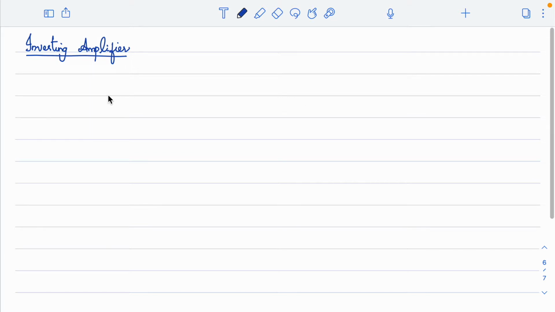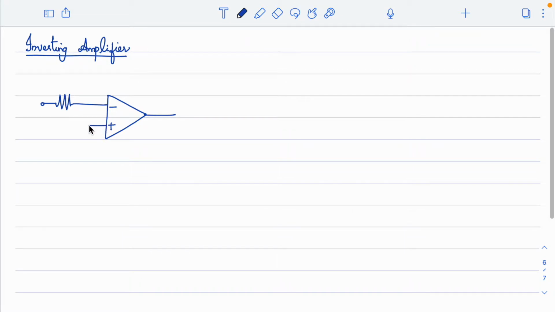As I discussed the other day, we will not be looking into the internal circuit details of an op amp. That we will do only next semester. This semester we will consider the op amp as a block, at block level.